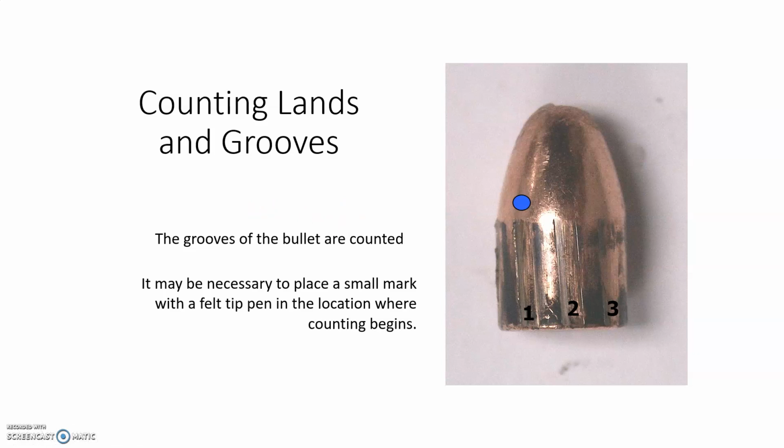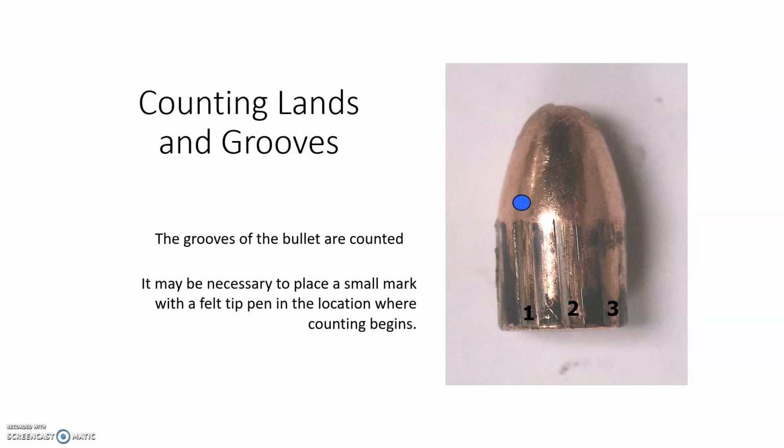So normally how this works is we find a bullet at a crime scene, and then we find the suspected weapon. The firearms investigator will actually do a test fire of the same type of bullet that was found at the scene, and then they will compare the marks between their test fire and the one that was at the crime scene. So this is one of the characteristics they're going to look at.